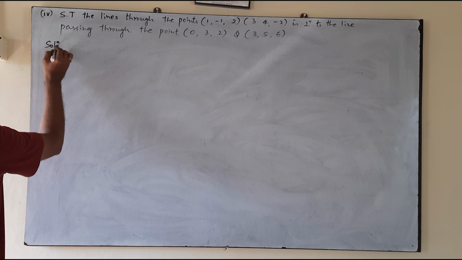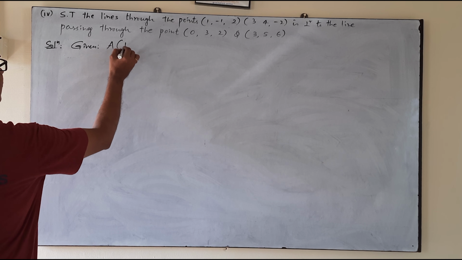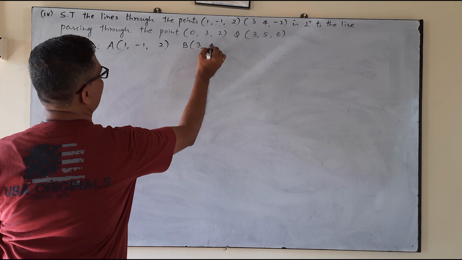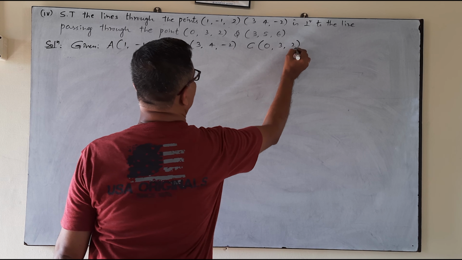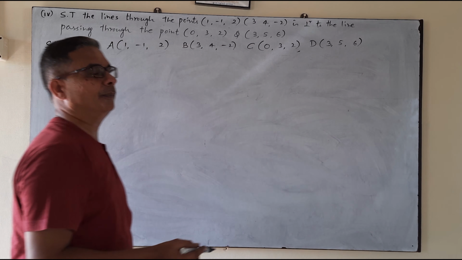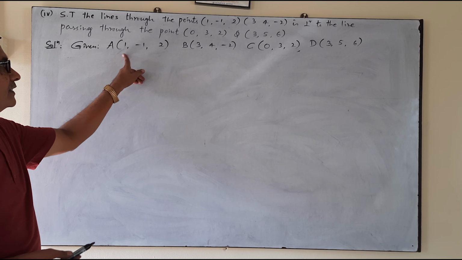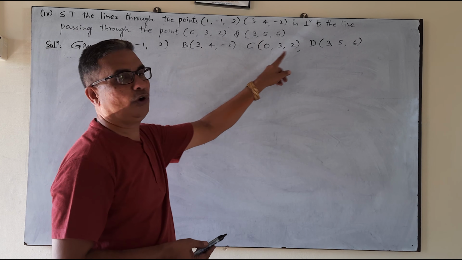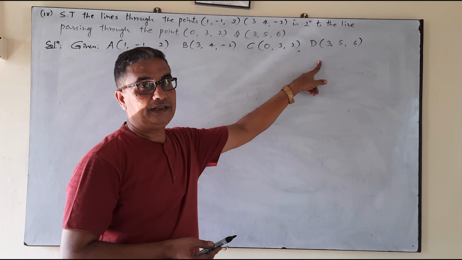Now take the first point denoted by A. Let A be the point (1, minus 1, 2), B be the point (3, 4, minus 2), C be the point (0, 3, 2), and D be the point (3, 5, 6). Very simple problem. Show that the line passing through the points A B, the first line AB, is perpendicular to the line passing through another 2 points C D. It means to prove that line AB is perpendicular to line CD.